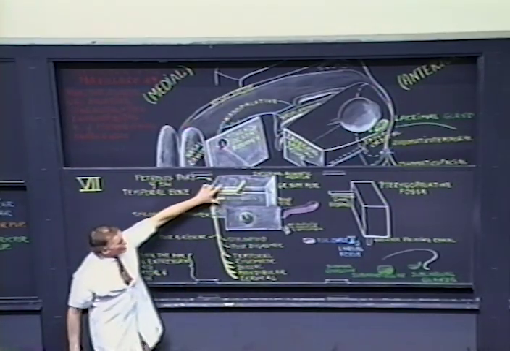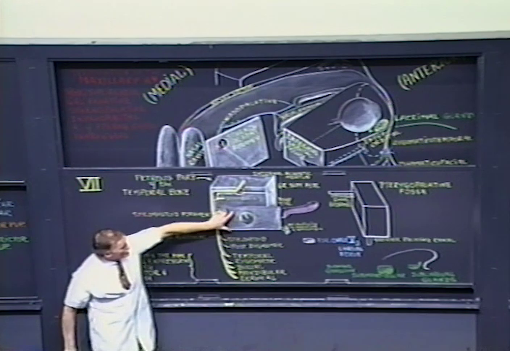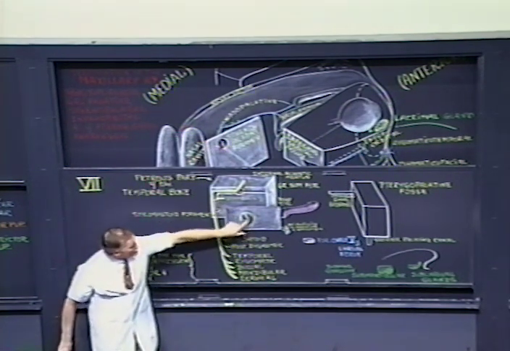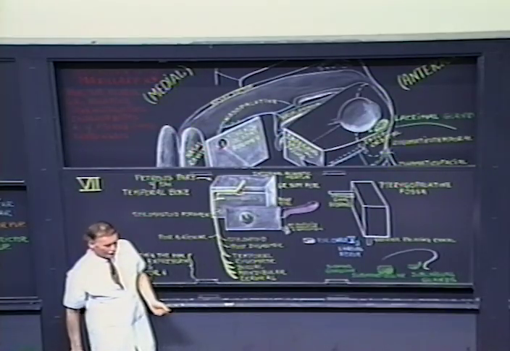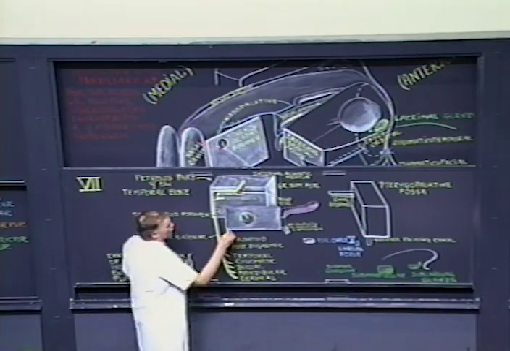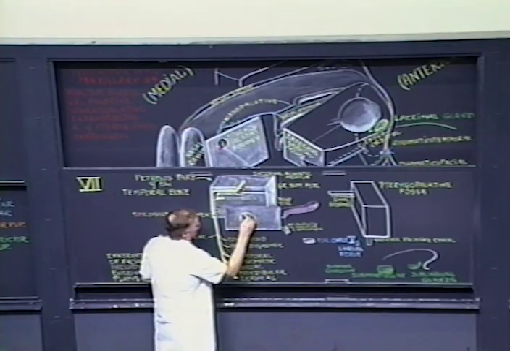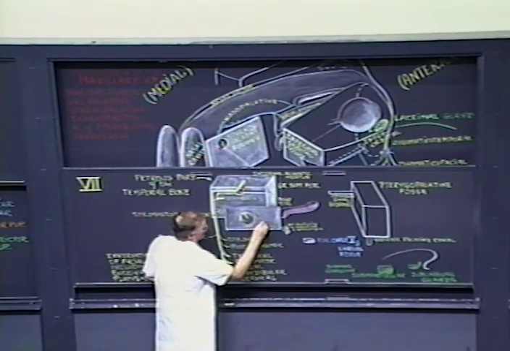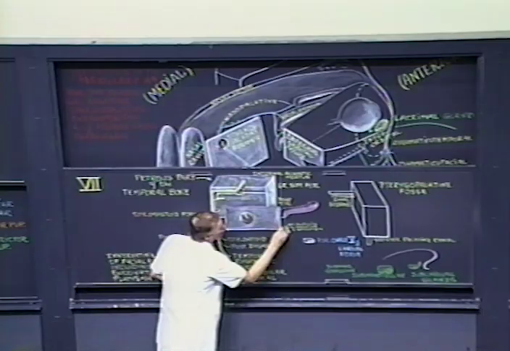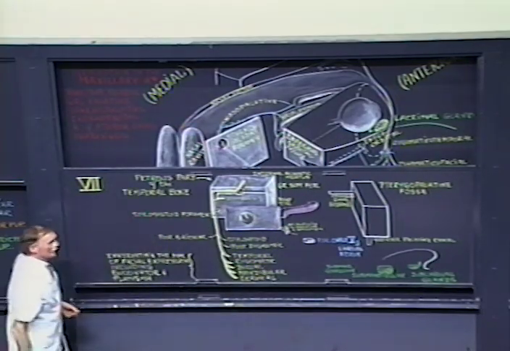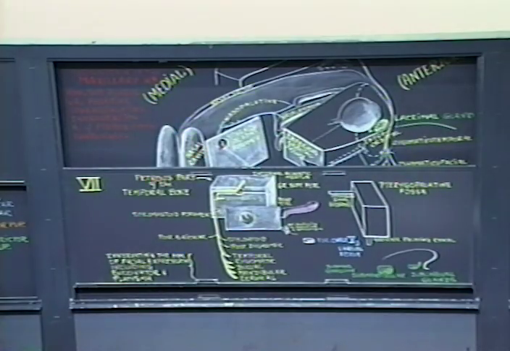This is the petrous portion of the temporal bone, and here's the lateral wall of that cavity. And that's the tympanic membrane. This little filament, the so-called chorda tympani, crosses the tympanic membrane and exits the middle ear cavity via a tiny canaliculus.